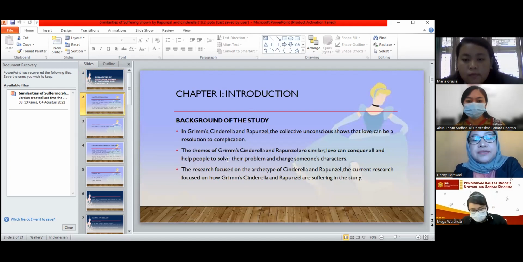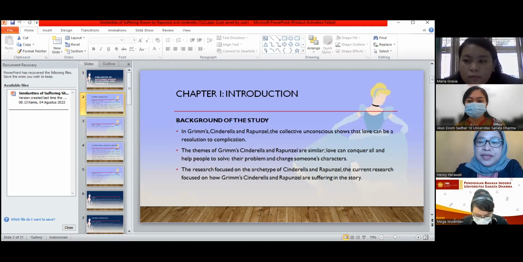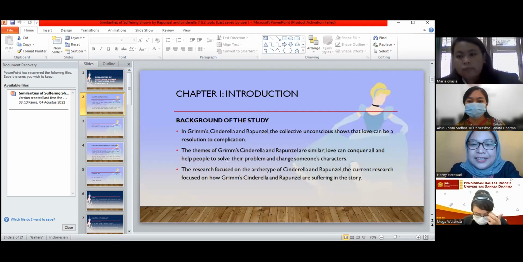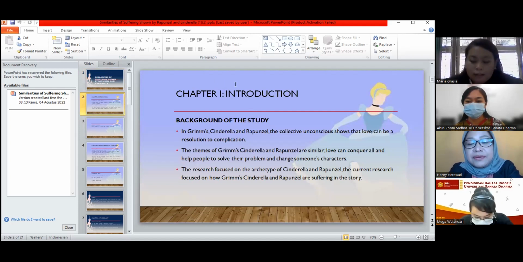The current research focused on how Grimm's Cinderella and Rapunzel are suffering in the story. What do you mean by that statement? So your focus is on the suffering? Yes, Miss. And the archetype.